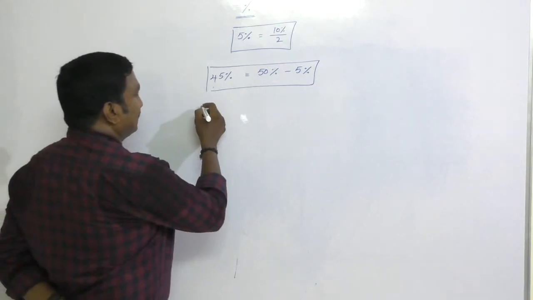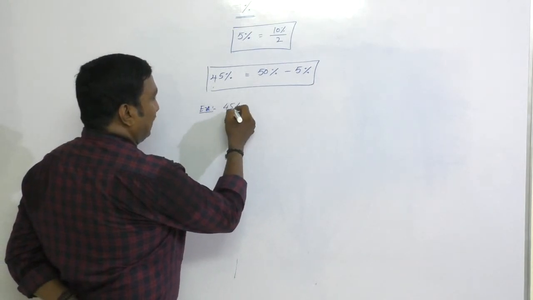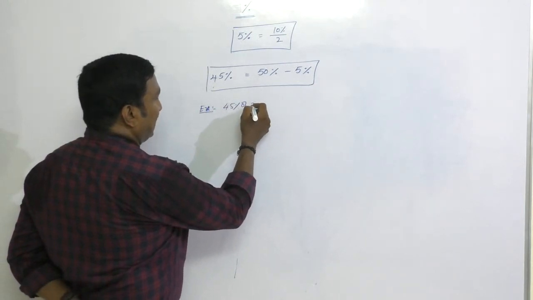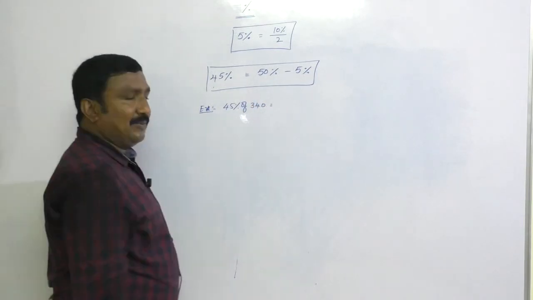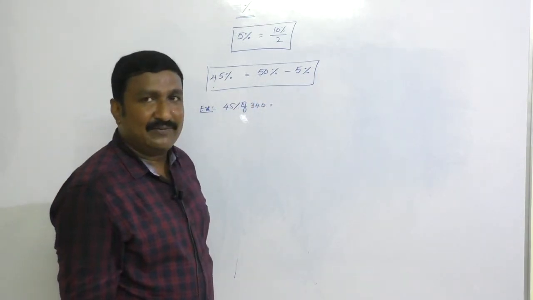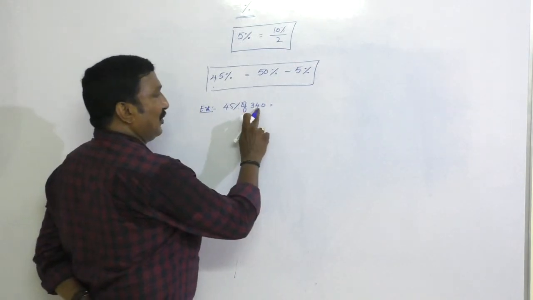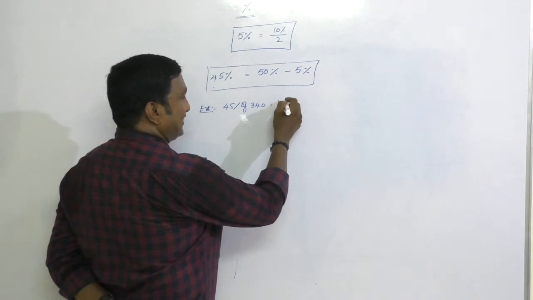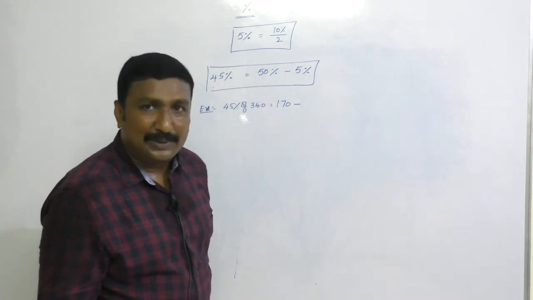Example, 45% of 340. So what is the 45% of 340 means? We can write first 50% minus 5%. What is the 50% of 340? Which is equal to 170 minus, no need to calculate the 5%.